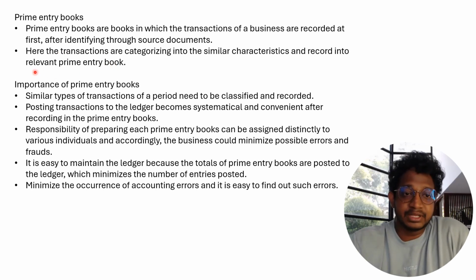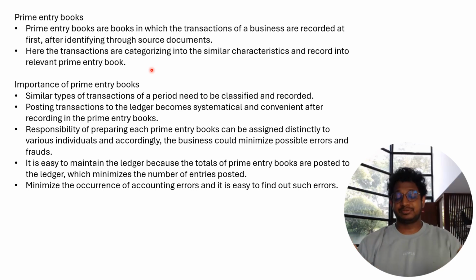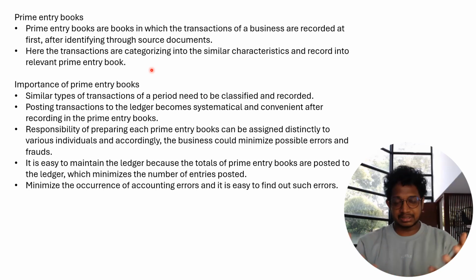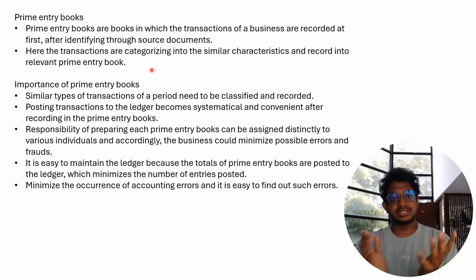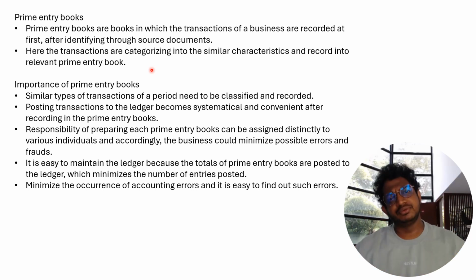Here the transactions are categorized by similar characteristics and recorded in the relevant primary books. Let's assume we have a bowl of transactions, all in your bowl. When you are doing accounts, it's much easier if we classify all these transactions into similar characteristics. That's what we are doing in prime entry books.